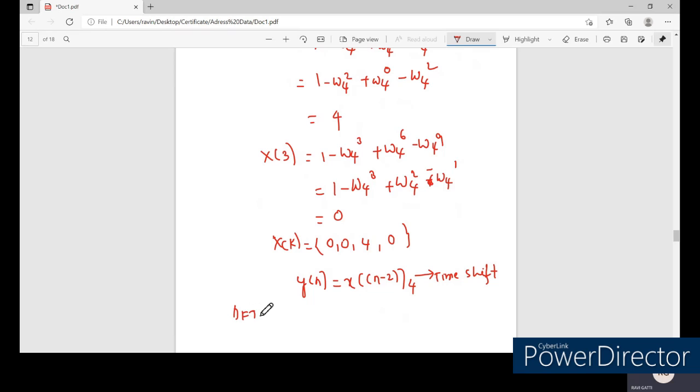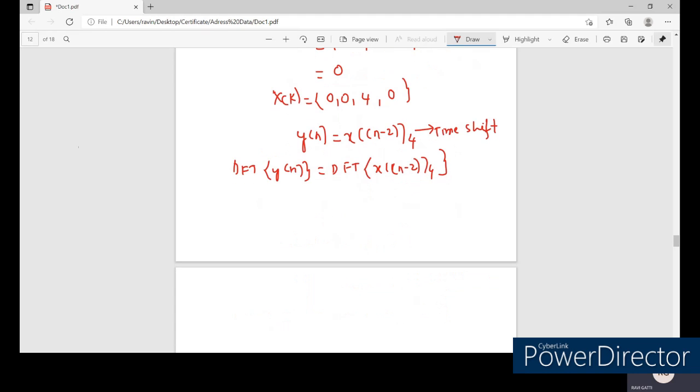So DFT of y of n is nothing but the DFT of x of n minus 2 mod 4. This is the property we have. In general, we know the time shift property: the DFT of x of n minus m mod N is omega N to the power of k m into X of k.